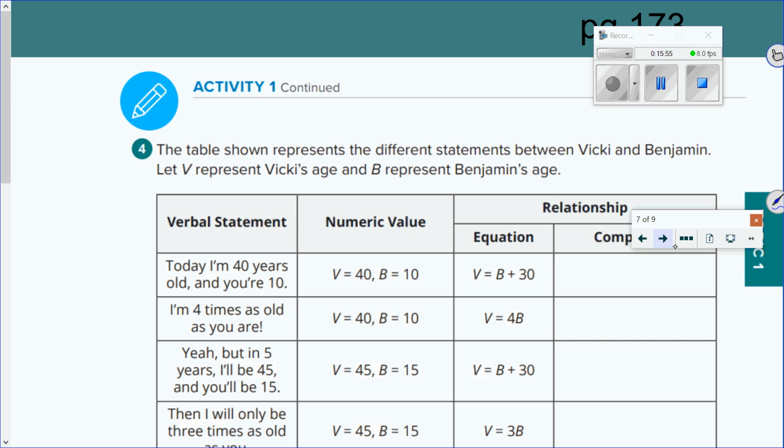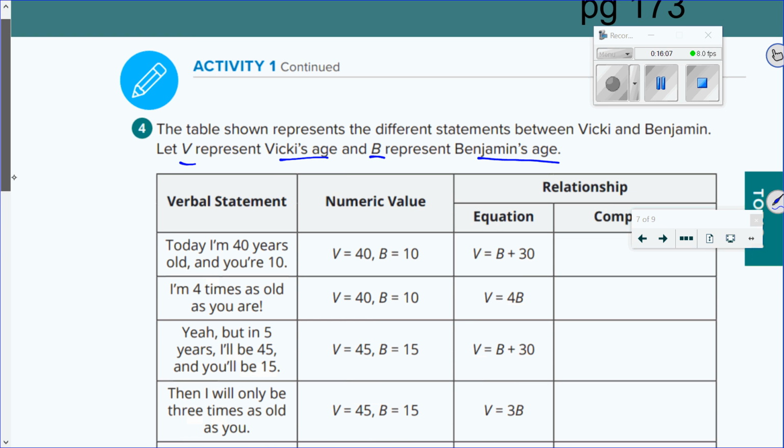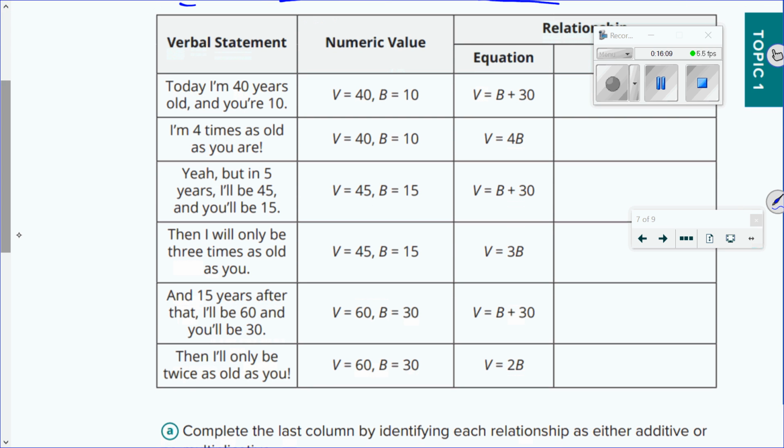So we built a table that shows this entire conversation. We have B that represents Vicky's age and B represents Benjamin's age. So we've given the different numeric values at each stage of their conversation.